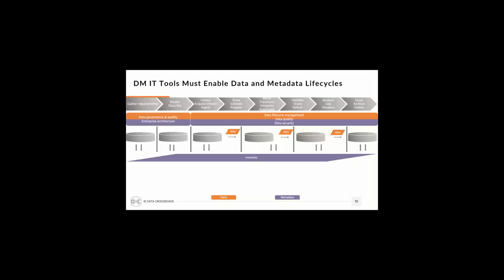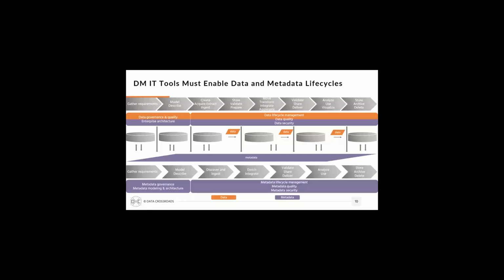So as I mentioned, first, it manages metadata required for enabling the data chains, but it also enables and manages the metadata lifecycle, because for the metadata lifecycle, you need other tools that will deal with it. If, for example, we speak about a data catalog, it's only a tool that manages metadata.